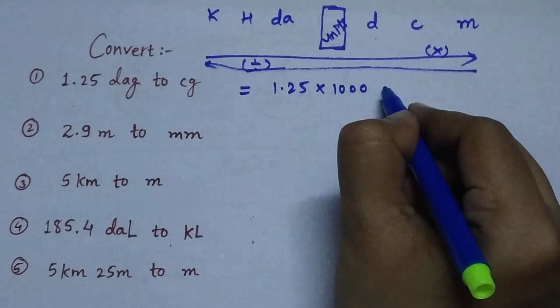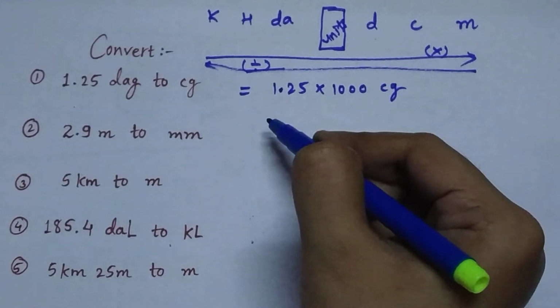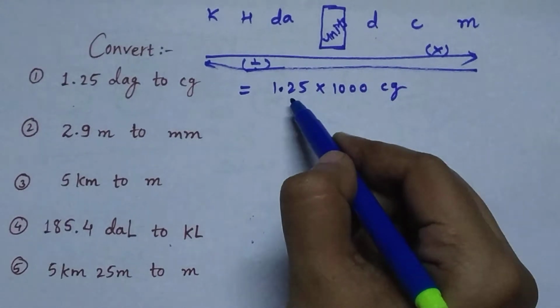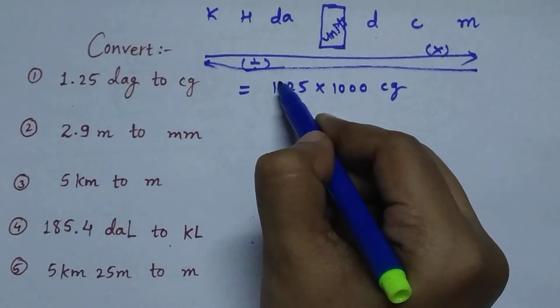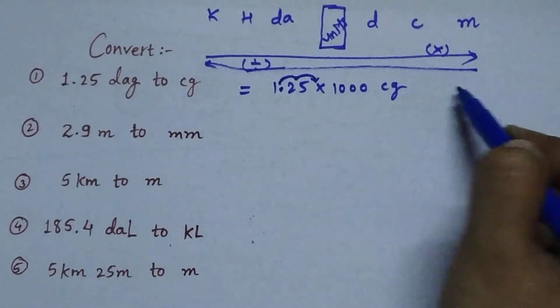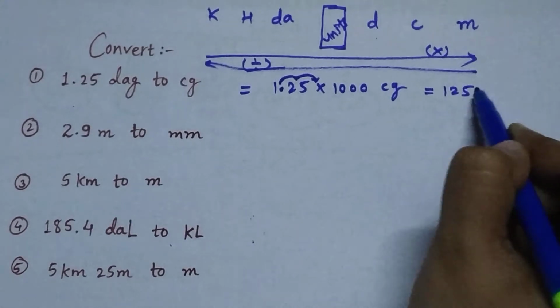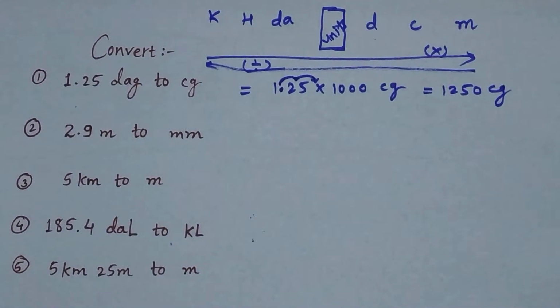That answer is now in centigram. And we know that in decimal multiplication I have told you that if you multiply with 10, 100, 1000, just take the decimal point and shift it to the right hand side according to the number of zeros. 1, 2 means here, that is 125, 1250 centigram will be the answer.